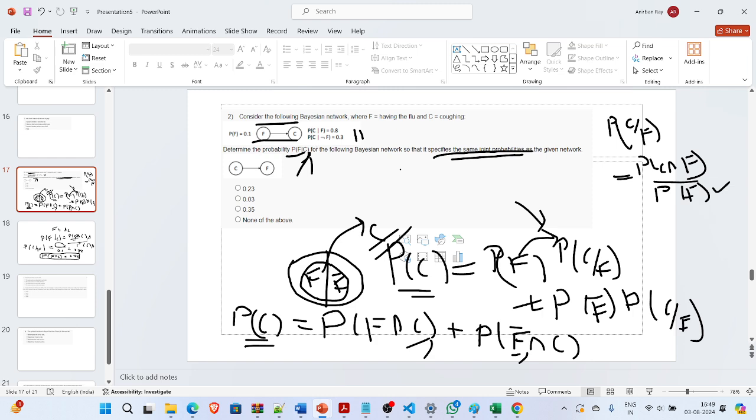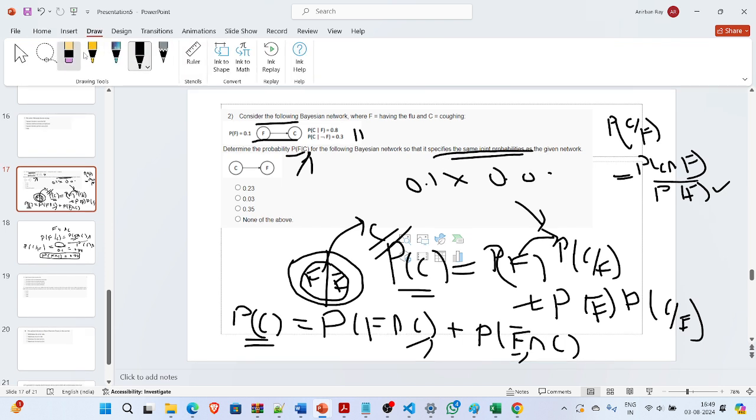What is this going to be? P of F 0.1 multiplied by P of C given F, 0.8. So this is 0.8, plus what we're going to have is P of F dash, that is 0.9, simple enough, right? 1 minus 0.1.